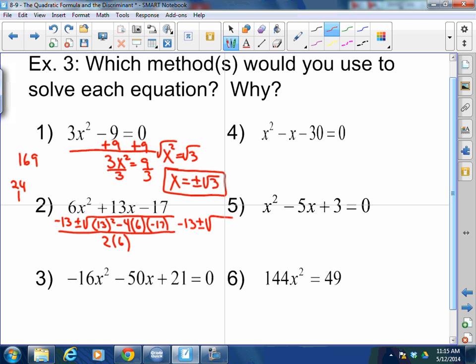And 24 times 17 is 408. 408 plus 169 is 577. Okay, so that's 577 over 12. Easy peasy. Done.